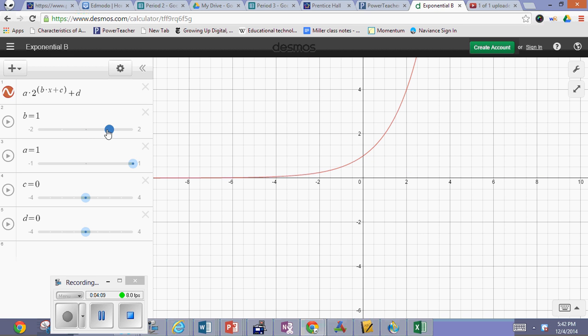Okay. Now, of course, we could slide it up or down or left or right. So our D slider will allow us to slide it up with D positive. And of course, if we're sliding it up, then we're moving the intercept up, we're moving the whole graph up, so therefore we're moving the asymptote up.